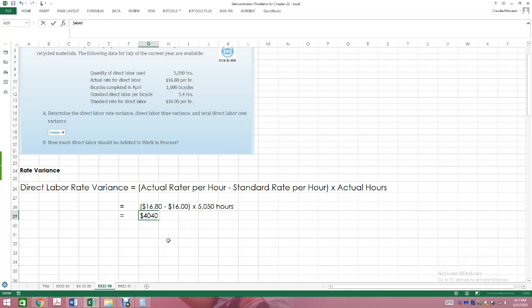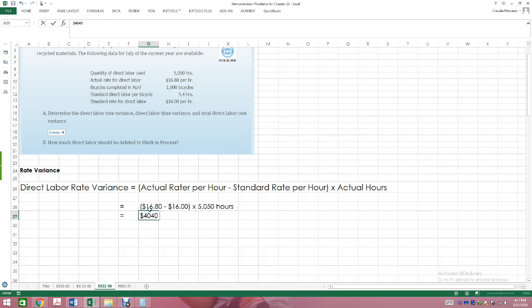So, you have to compare your actual to your standard or your budgeted. You spent $16.80. You had anticipated, or you had budgeted, to spend $16. Did you pay more or less than what you had anticipated? In this case, we paid more.